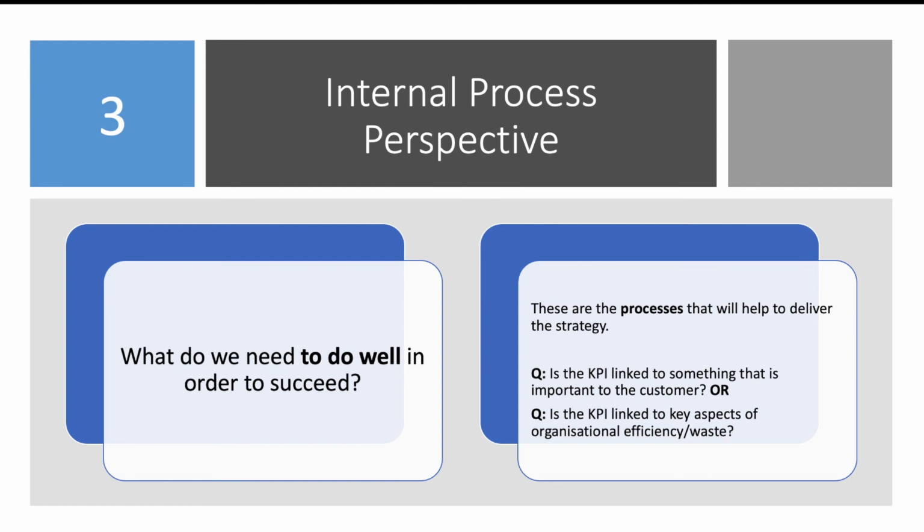Is the KPI linked to key aspects of organizational efficiency or waste? Okay. Now, develop measures focused on the operational process. Is the operational process going well? Customer management process. These are different kinds of processes, and we check whether they have been followed or not. Innovation processes. Now, examples are machine utilization rate per month.